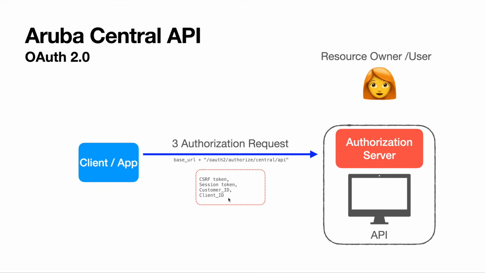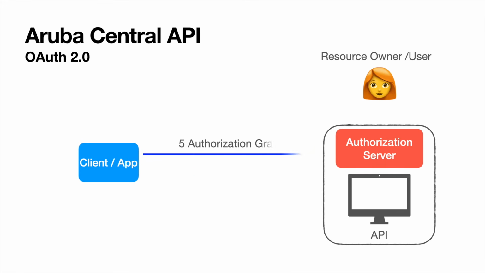So we're tying the session itself, the customer that's authenticated, plus the application, for our authorization request. If that's successful, then the authorization server sends back an authorization grant, which is an authorization code.